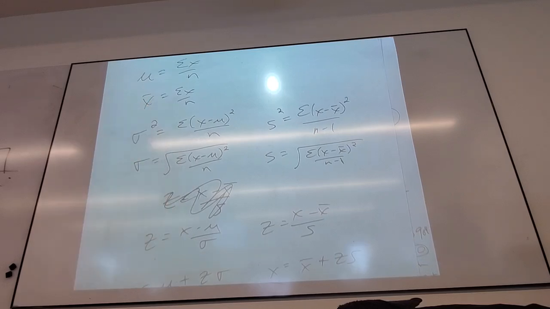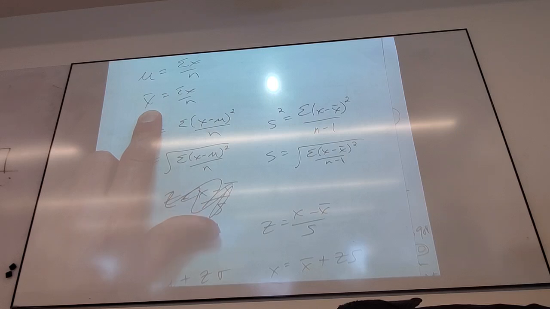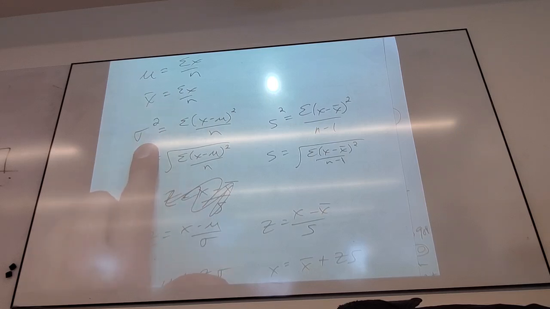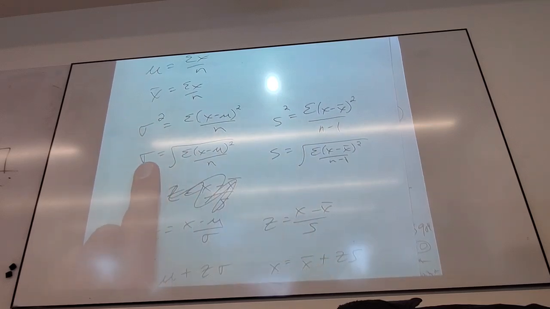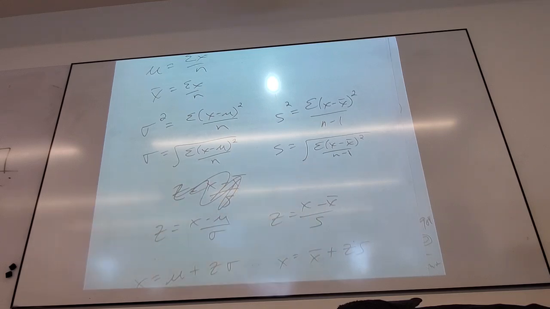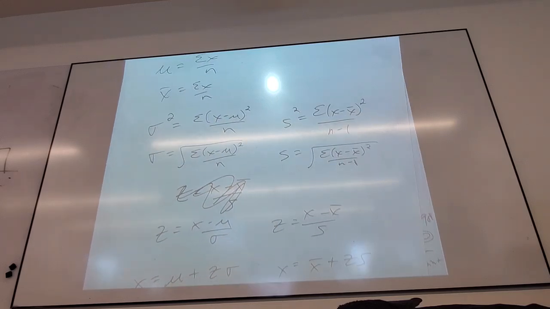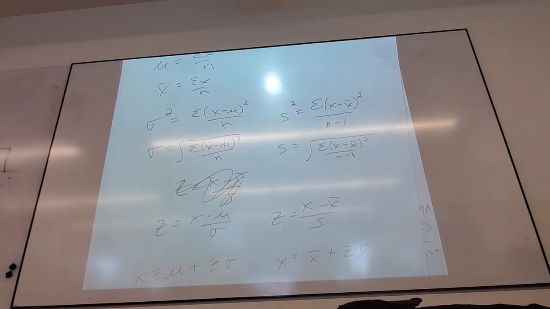And then the second one, variation. Down here, the third one, variance of a population, variance of a sample, standard deviation of population, standard deviation of sample. Variance and standard deviation. And then those are how many steps you're taking.